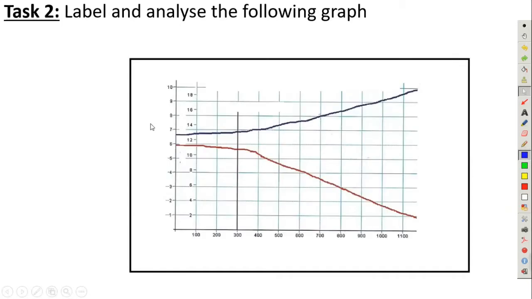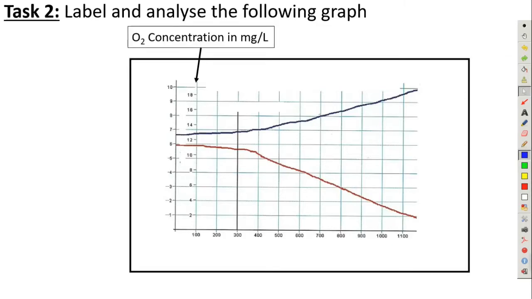Well, now we're going to analyze the results that have been obtained with this experiment. So you've got the graph. We're going to pinpoint the important parts of this graph. So first of all, we're measuring two gases. So the O2 concentration, the unit is milligrams per liter.